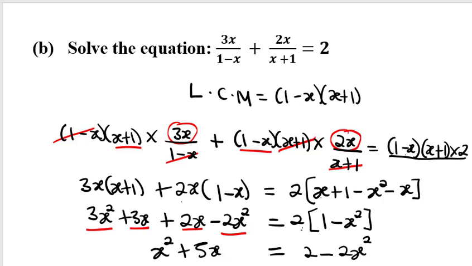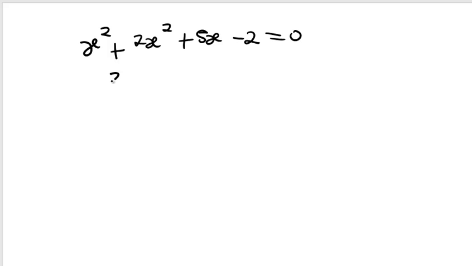So we'll be having x squared plus 2x squared plus 5x minus 2 is equal to 0. Okay, now we simplify this further, and this gives us 3x squared plus 5x minus 2 is equal to 0.